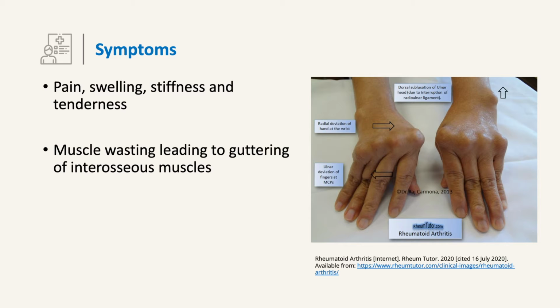This picture quite clearly demonstrates, however, that this person has been living with rheumatoid arthritis for a potentially significant amount of time. Symptoms can be far more subtle, particularly in the early stages of the disease, which is why your questioning during your history taking is vital.